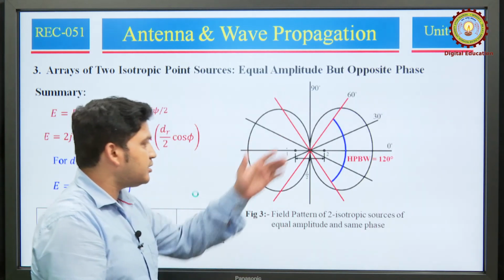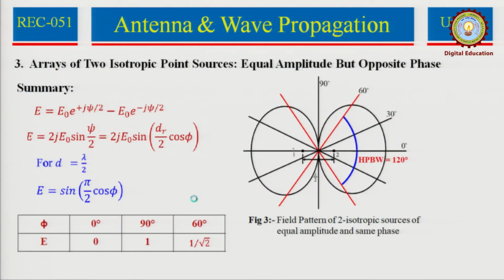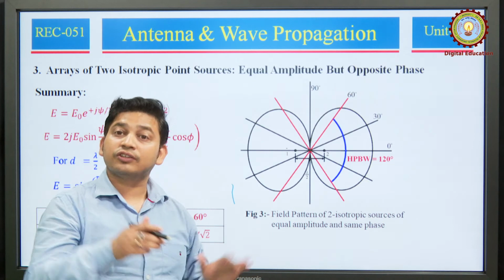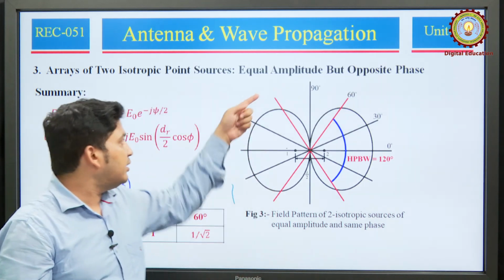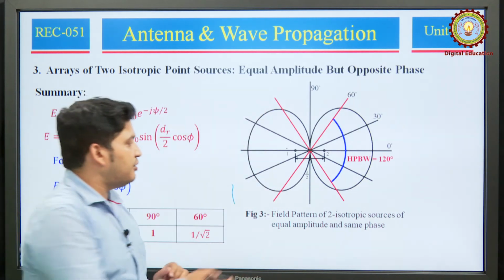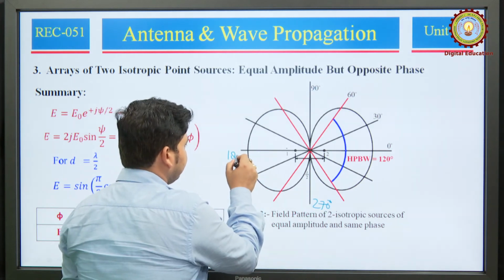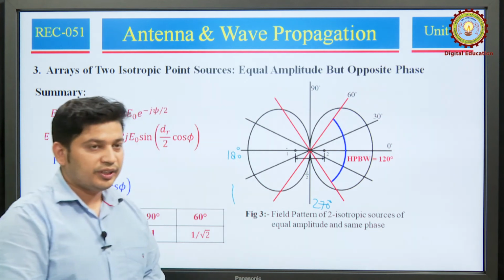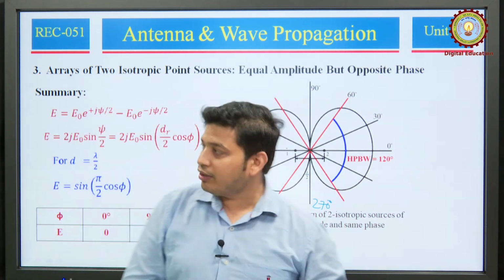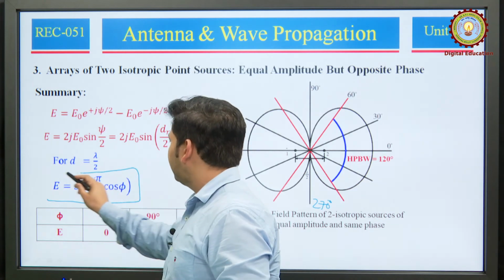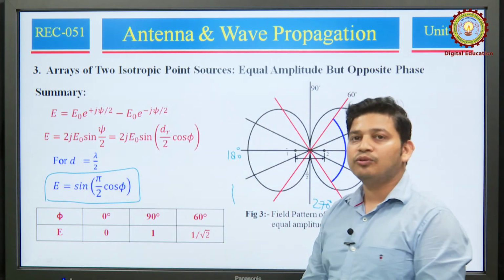Now, here is the summary: same 120 half power beamwidth, maxima at 0 and 180 degrees, and the minimum value, which is called a null. Minima is nothing but null in the direction of 90 degrees and 270 degrees. This is 270, this is 180 degrees. So, this way we have plotted, and if you recall, our normalized field pattern is E equals sin of pi by 2 cos phi.